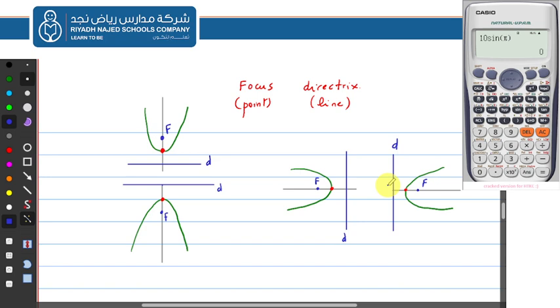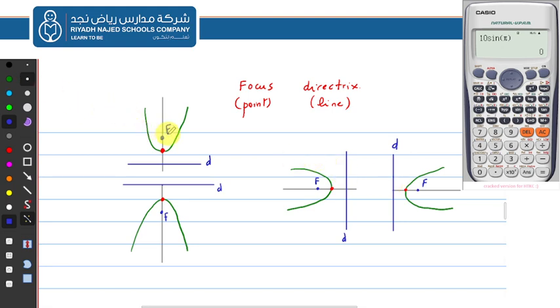Okay. Now, for this quiz, we will only work on parabolas where the vertex is exactly at the origin. We will start solving questions, but this is very important. I will explain this again, but it is important to have an idea first.